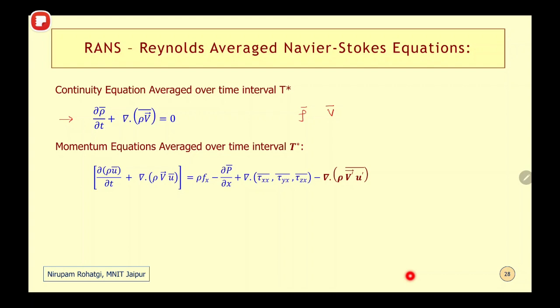If you look at the next equation, the momentum equation, if you are doing averaging of this, I think we should put average here. Anyway, these are the terms here. Now these terms will be additional.